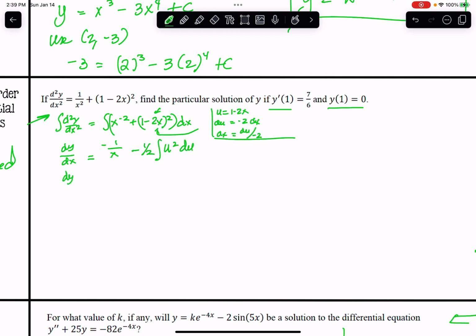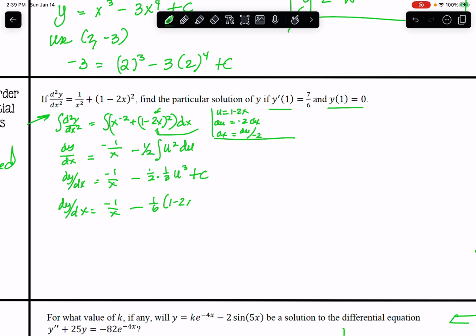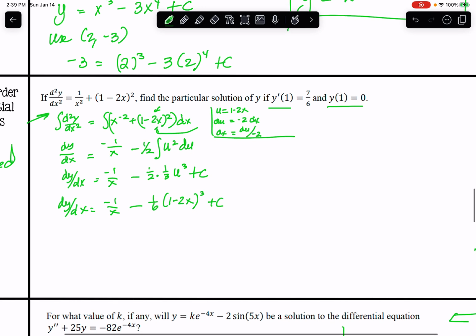So we have dy/dx equals negative 1 over x minus 1/2 times 1/3 u cubed plus c. So dy/dx is equal to negative 1 over x minus 1/6 (1 minus 2x) quantity cubed plus c.